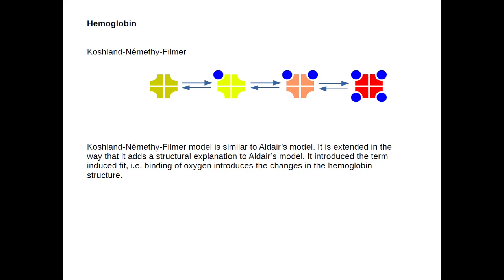So the story of hemoglobin, in a time when there was very limited possibility to study three-dimensional structures of proteins, somehow helped to explain that proteins are quite dynamic entities, and that they change their three-dimensional structure, and this change has a quite important effect on their function.